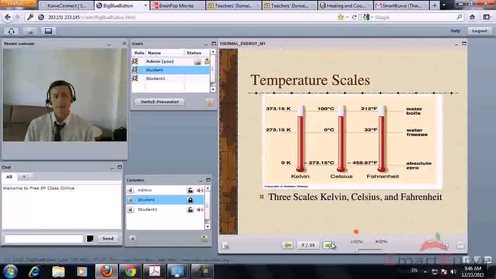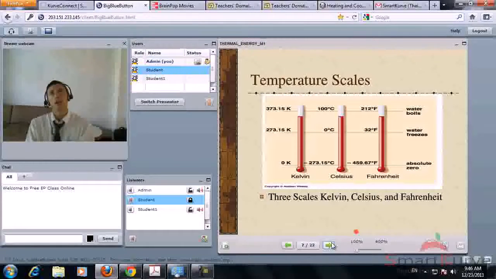Now what this means, remember we learned that when molecules become hotter and have more kinetic energy, there is more motion. So there's more motion as the particles move faster. They are farther apart.